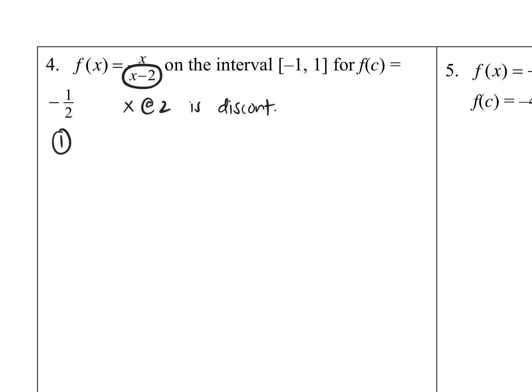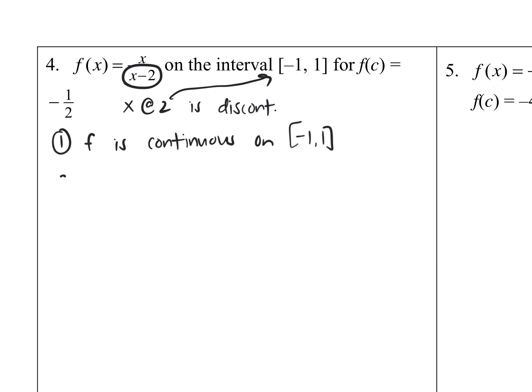Is 2 in my interval? No. So I don't really care that it's discontinuous at 2. Okay, on my interval from -1 to 1, it is continuous. So we would say something like f is continuous on -1 to 1. That's like your first condition that you checked.